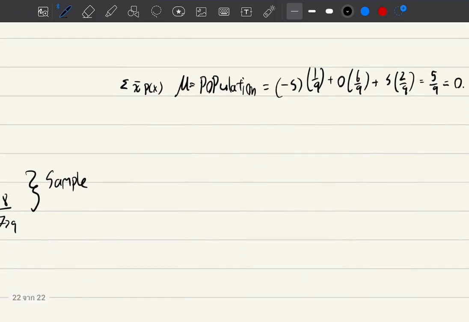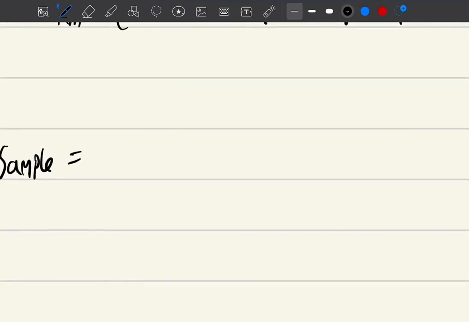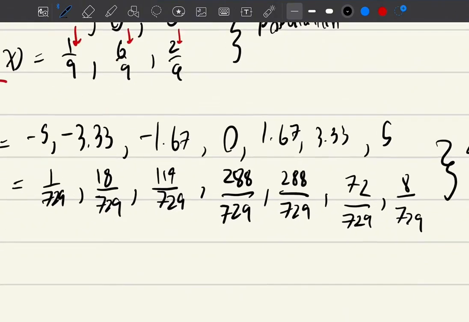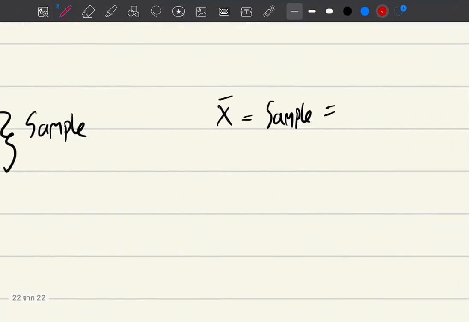And then for the sample, we will use the same strategy. I'm going to use x times p of x and then sum it all together.